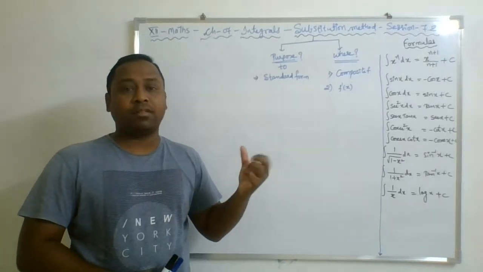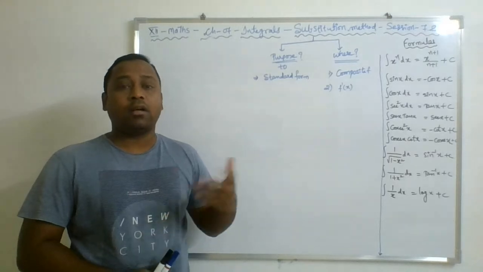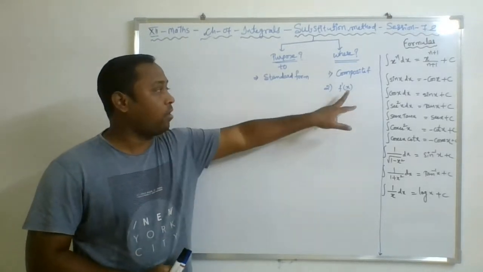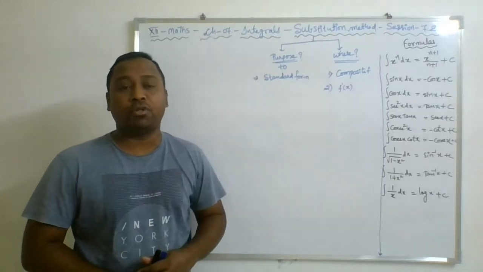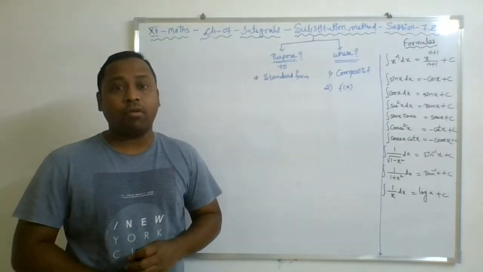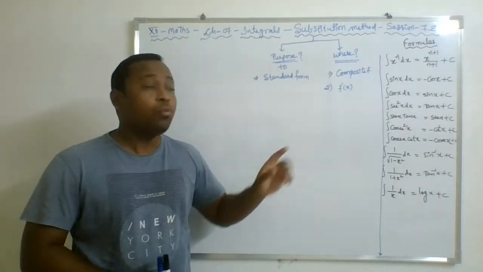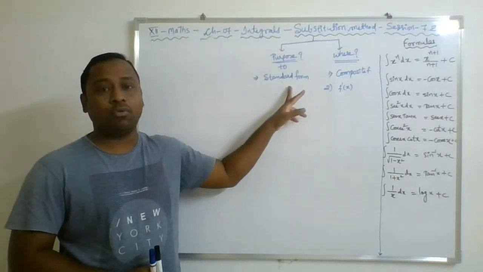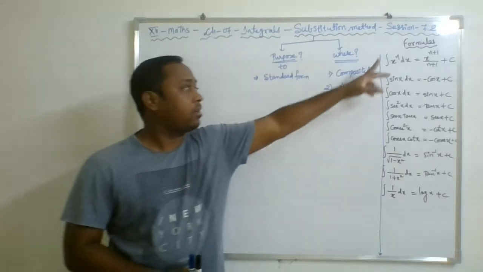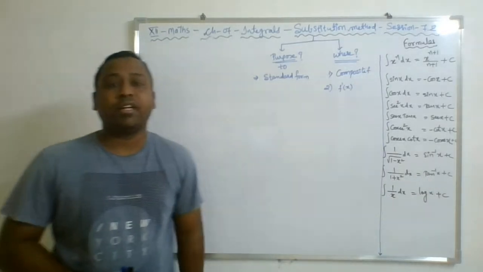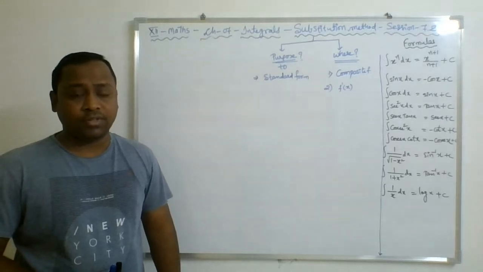By assuming some quantity as another variable, if you find the derivative is available, then you can use this substitution technique without any hesitation to reduce the function into standard form, so that you can apply these formulas to get the answers, right?